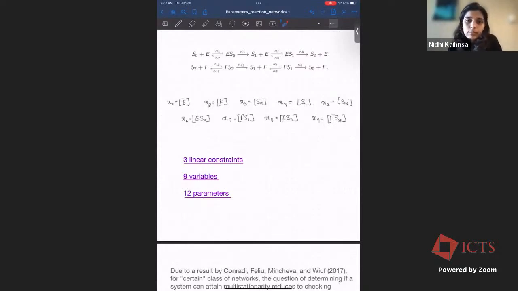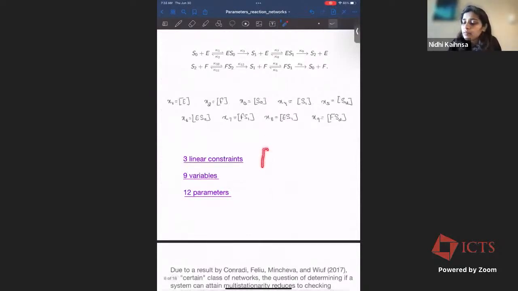So you have these 9 equations, x1 dot to x9 dot, so you have f1 to f9. You get a 9 by 9 matrix by computing the Jacobian. But there are 3 linear constraints.